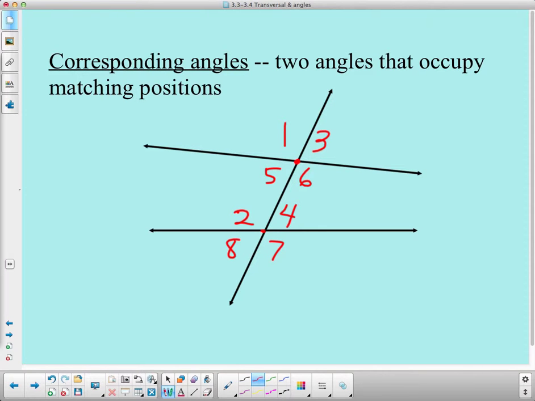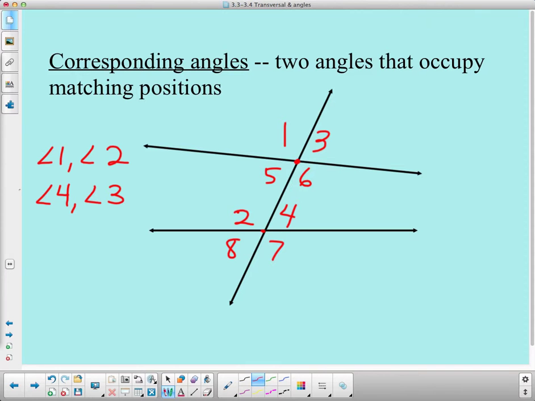Okay, we said 1 and 2 were corresponding angles. What's another pair? Raise your hand, please, don't shout it out. What's another pair of corresponding angles in the picture, Mitch? 4 and 3. Okay, 4 and 3, and we would describe that as upper right. At this intersection, 3 would be, I'm calling it upper because it's above and right. Out of these 4, it's the upper right angle.